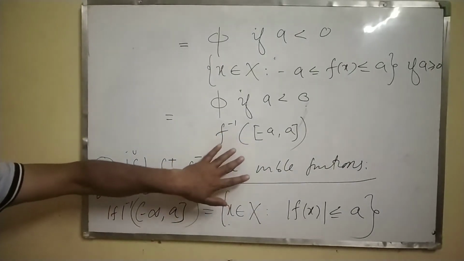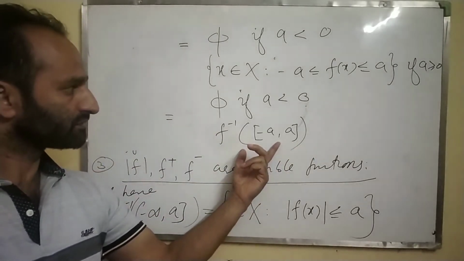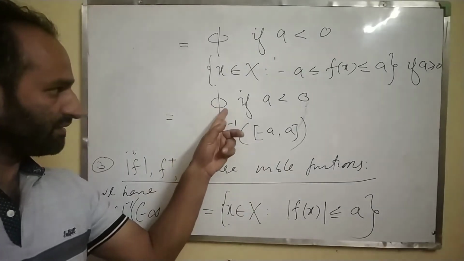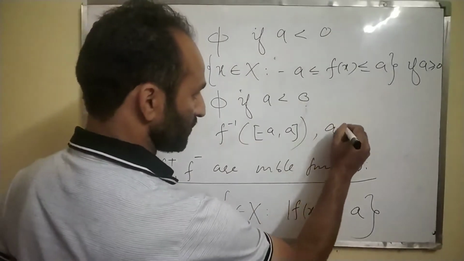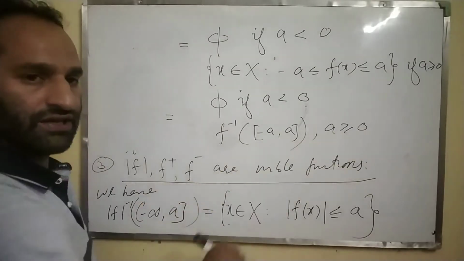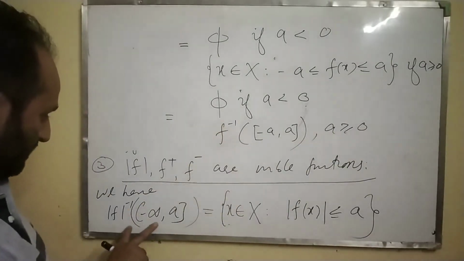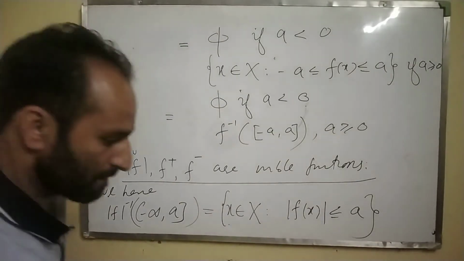Now since f is measurable, therefore this is measurable, and this empty set is also a measurable subset of x. So that means in both the cases, whether a is negative or a non-negative real number, this set is always a measurable subset of x.